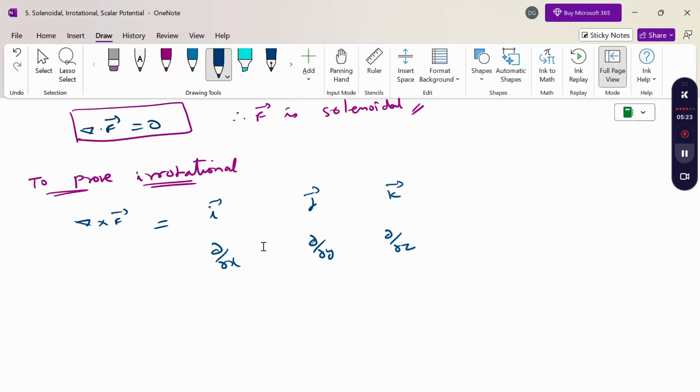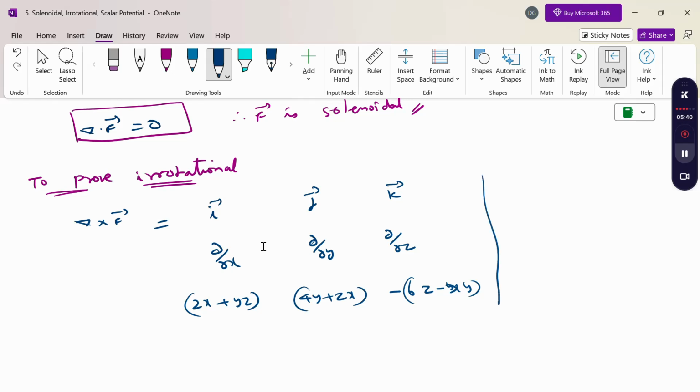The f vector i coefficient is 2x plus yz, then the j coefficient is 4y plus zx, and the k coefficient is minus 6z minus xy.